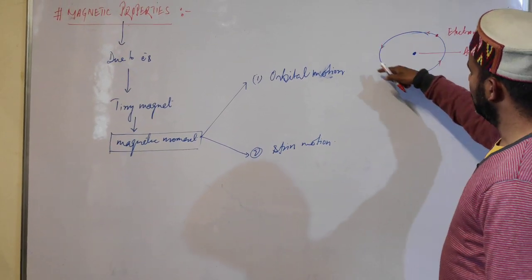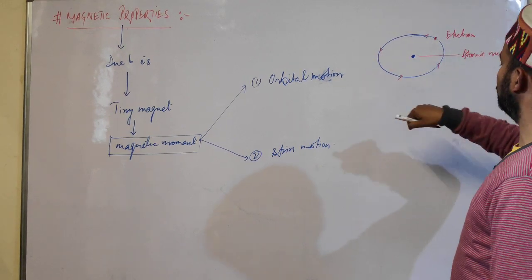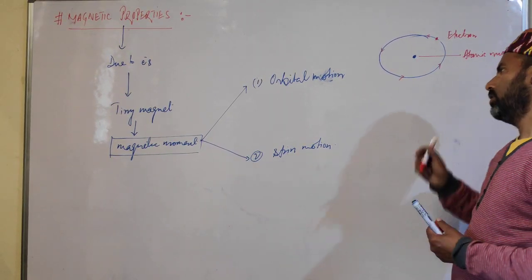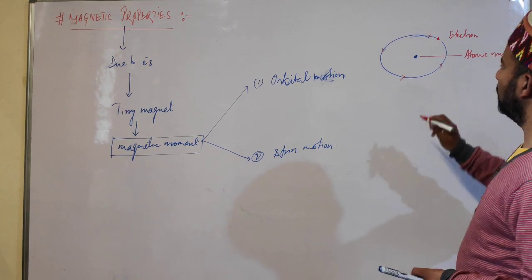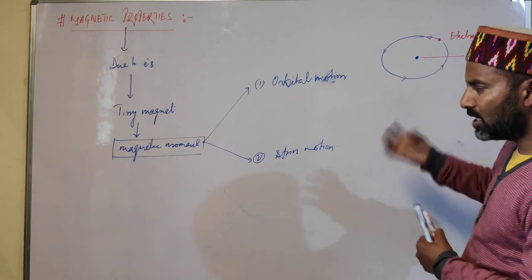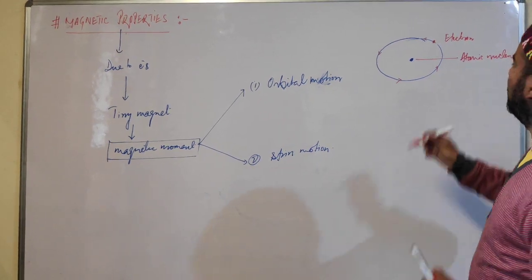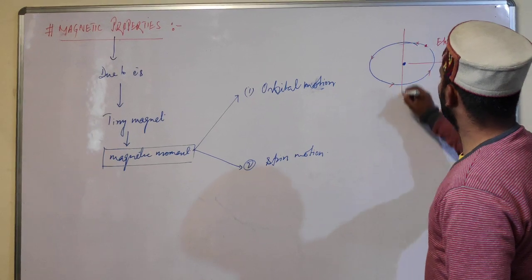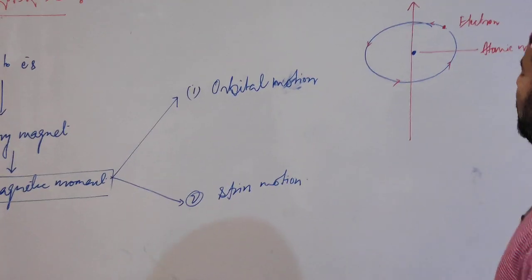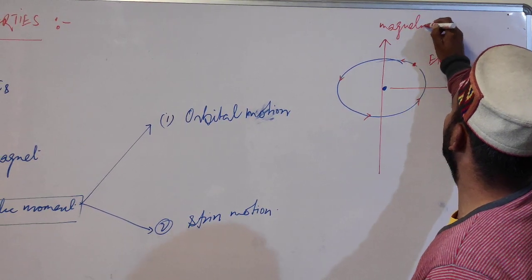Now students, the motion of an electron around the nucleus is just like a current carrying loop, and we know that around a current carrying loop some magnetic property is created. So a magnetic property is developed. So this electron will have a definite value of magnetic moment. So this is the magnetic moment.